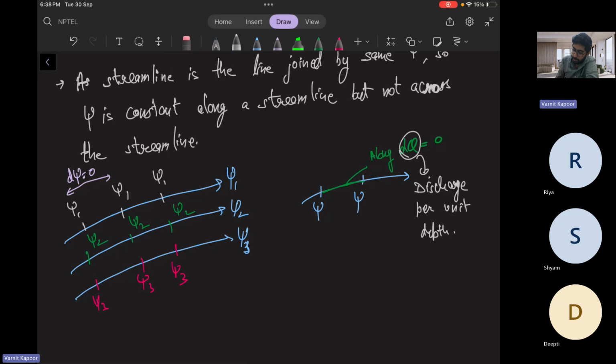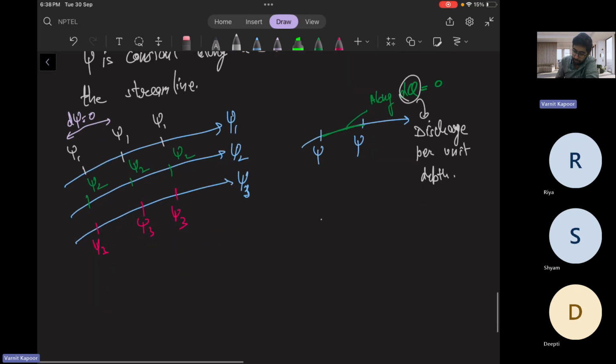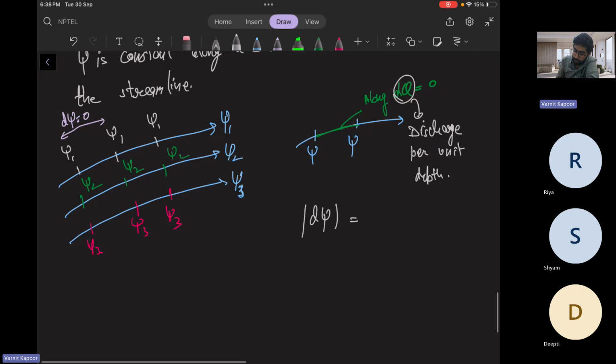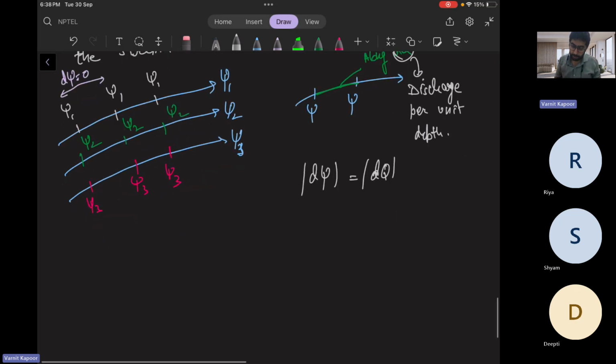Depth is in the z direction. So that means the mod of dou psi is nothing but dou q or dq. If you want to calculate the discharge value, it will be across the streamline.